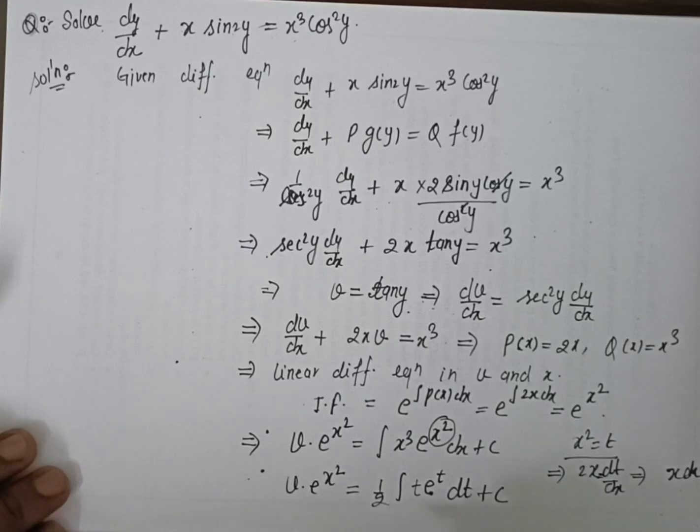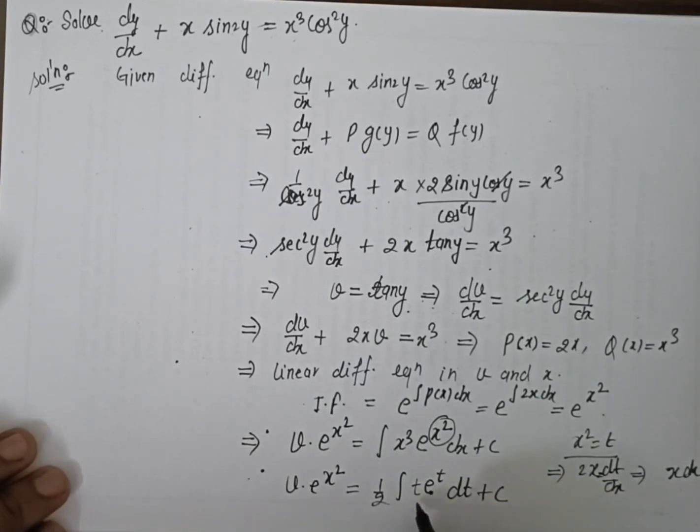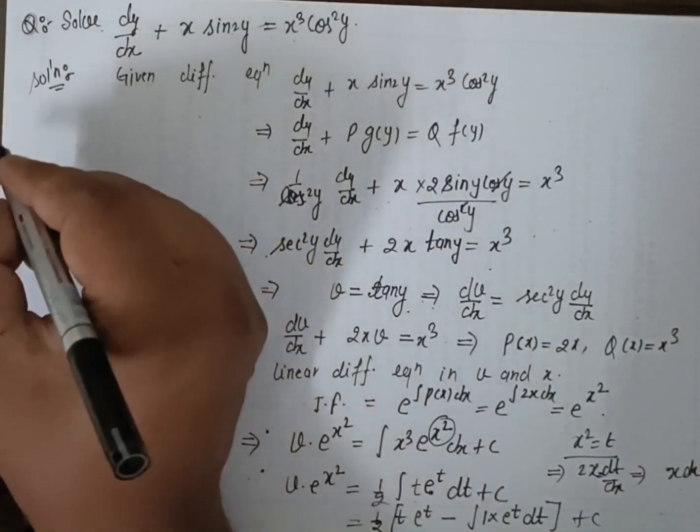Now simply integrate this function. So 1/2, you can consider first function t, integration of second function, and then minus derivative of the first function, t is 1, and integration of the second function, e^t, dt. So plus c.